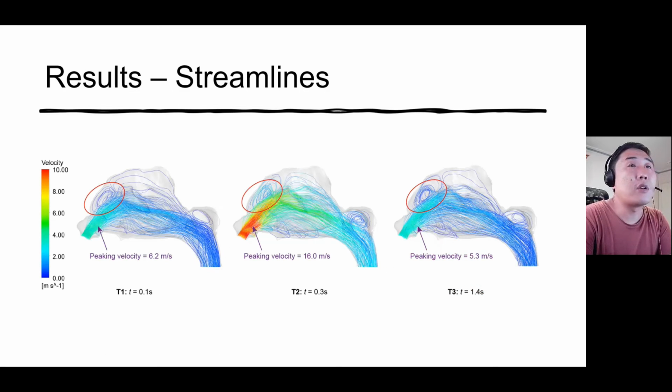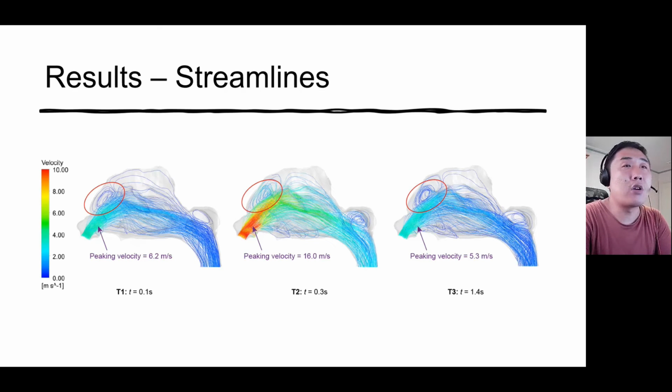So now let's talk about the simulation results. This slide compares the streamline patterns of the 3 time events. Generally, all 3 time events exhibit similar flow patterns. That is, flow acceleration occurs shortly after being inhaled into the nasal airway due to the reduced airway size in the vicinity of the nasal valve.